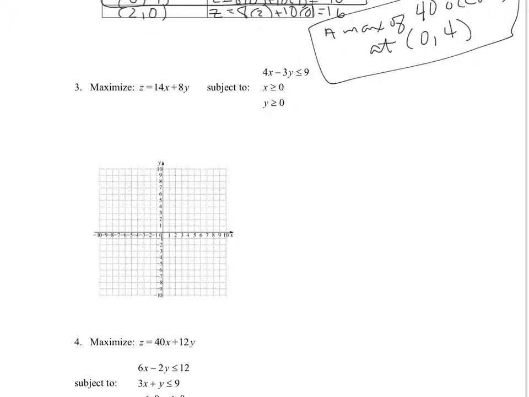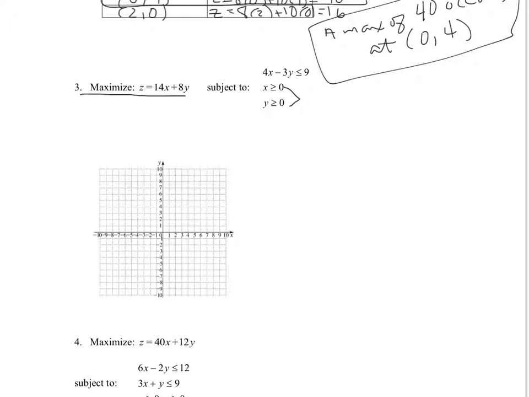Now, if you look at the next example, we have something very similar again, as far as this tells us we're in the first quadrant. We have 4x minus 3y is less than or equal to 9 that we'll use to get our graph, and then this is what we're asked to do to maximize this function. So let's see what happens when we graph this.